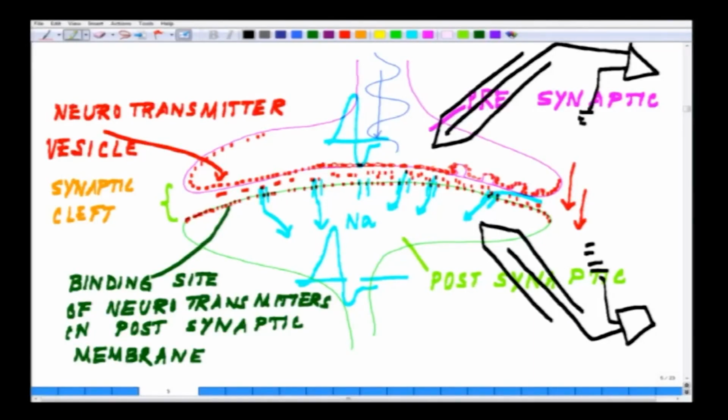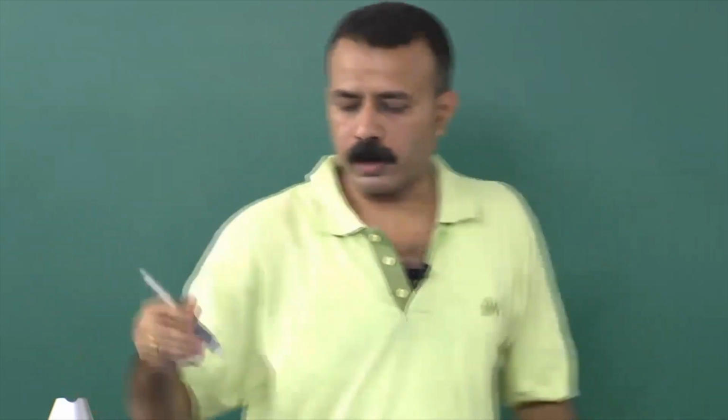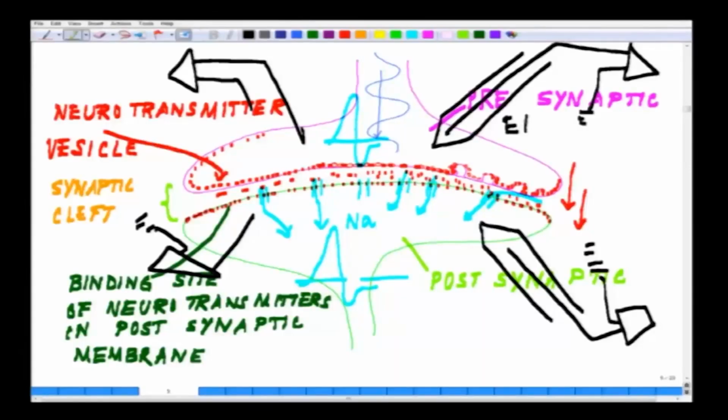Or sharp electrodes like this. Sorry, I just showed it wrong. In a baseline situation, you are not stimulating any electrode. I call this electrode 1, the presynaptic electrode, and electrode 2.